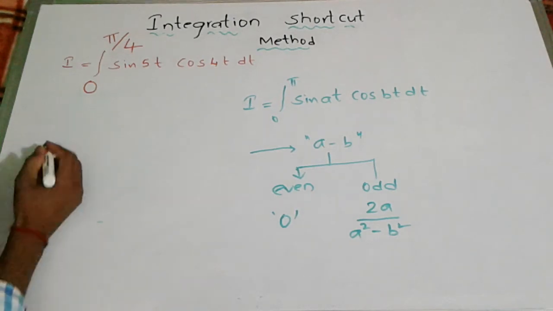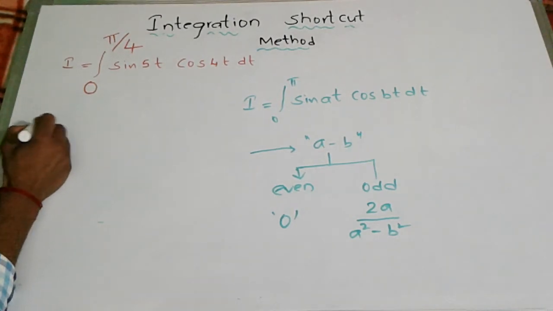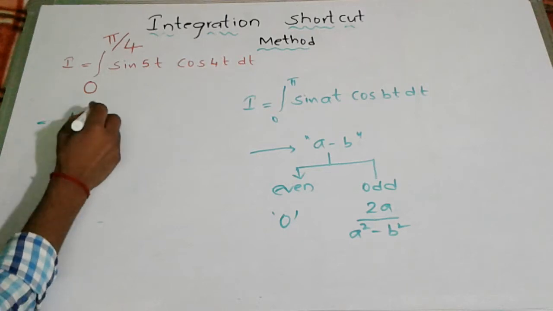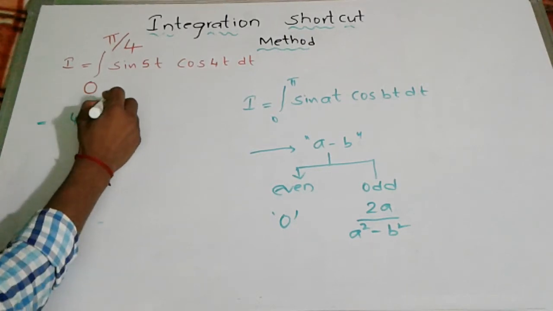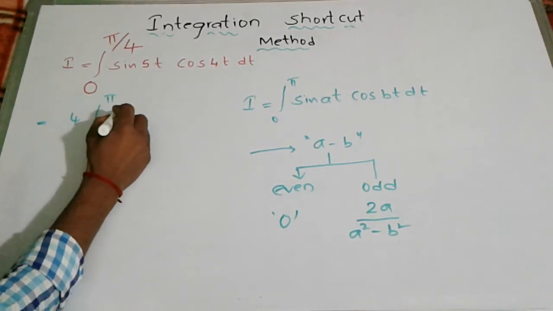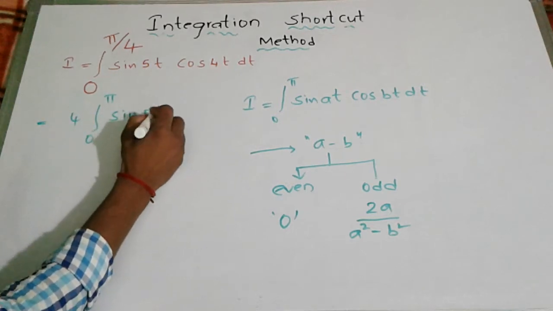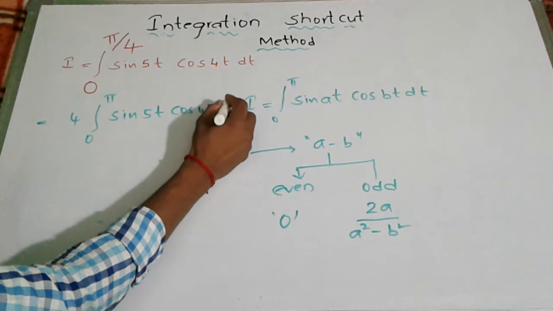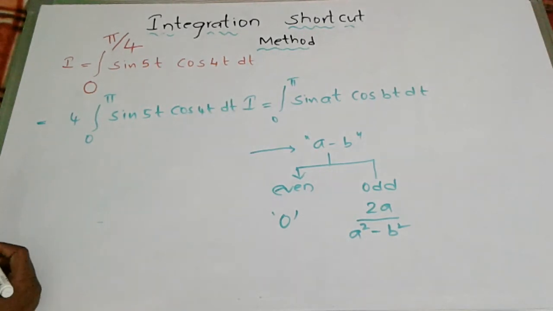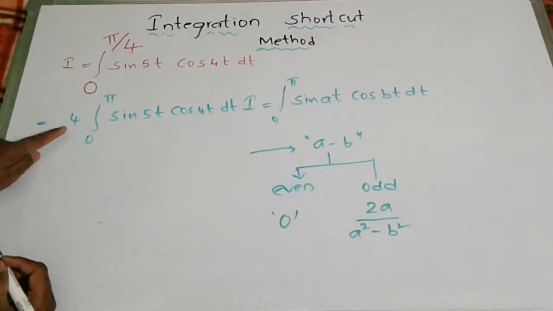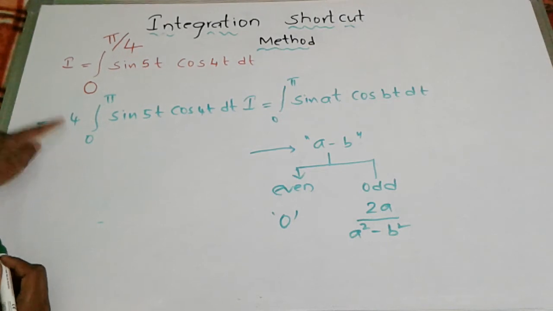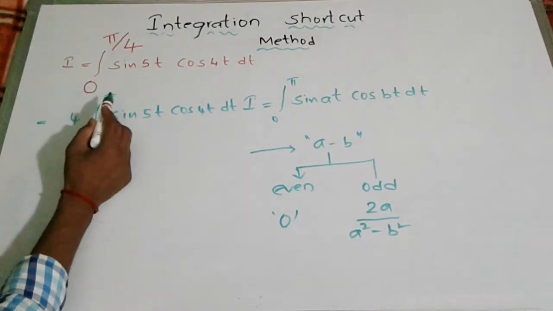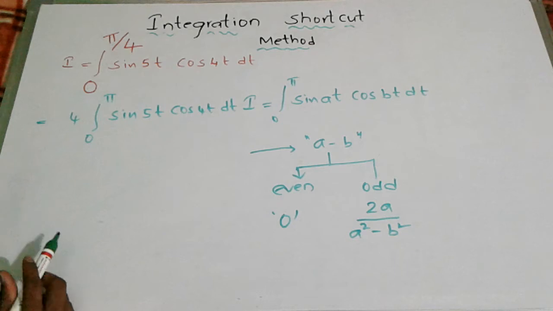So you can write it like this: 0 to pi sin 5t cos 4t dt, right? By writing 4 here, the 4 will get cancelled, right?